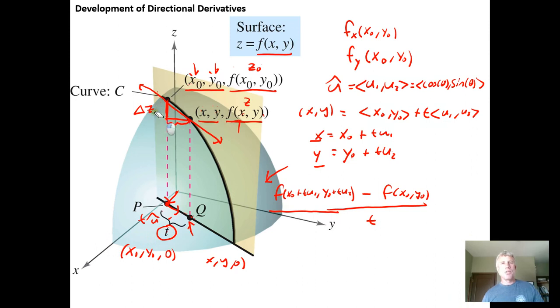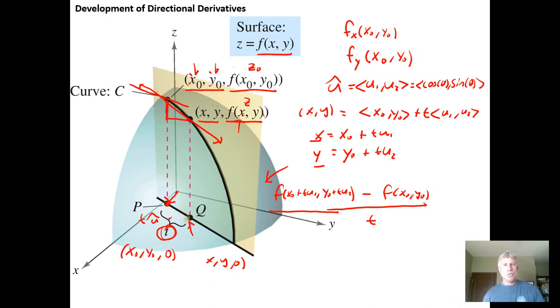And then what you need to do to get the slope of the tangent line, rather, is you need to let t, which is just the distance between these 2 points, go to 0. In other words, we need to make this point Q approach the point P in the xy plane.